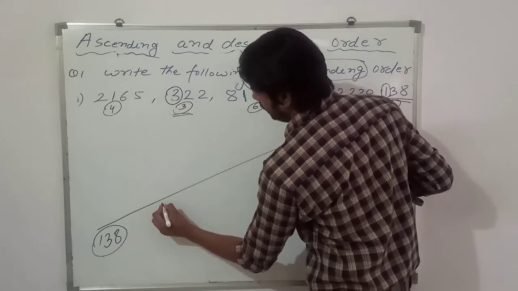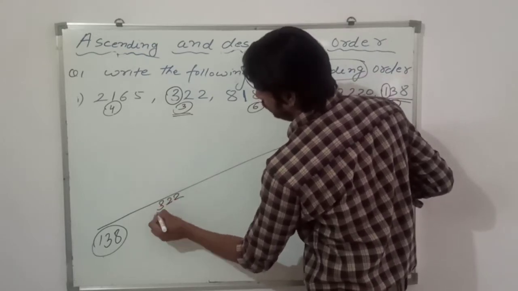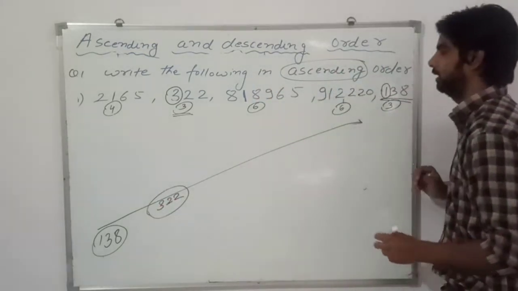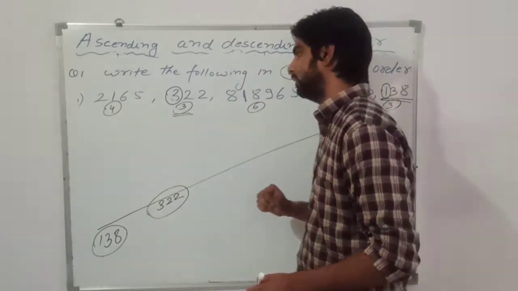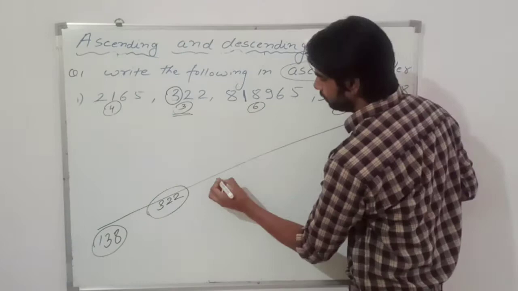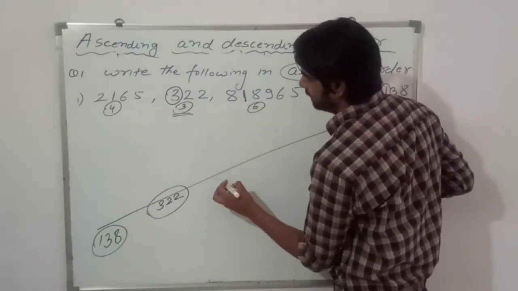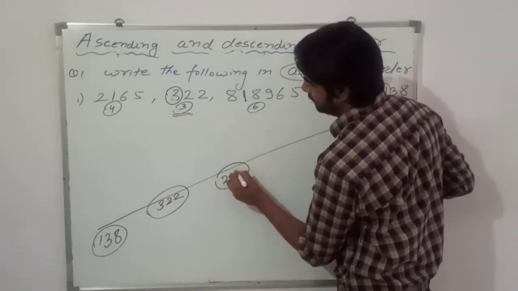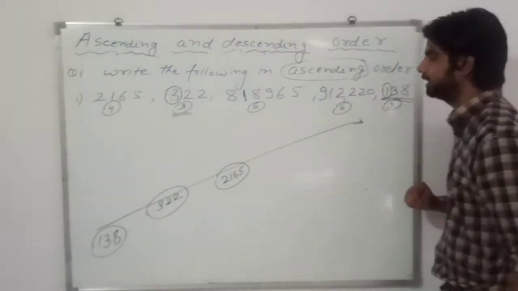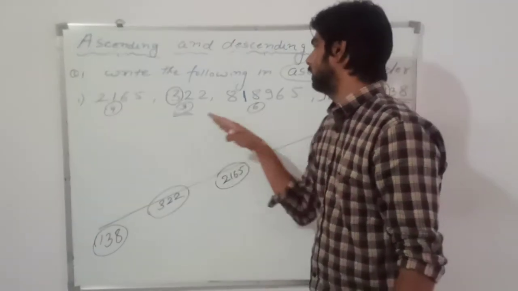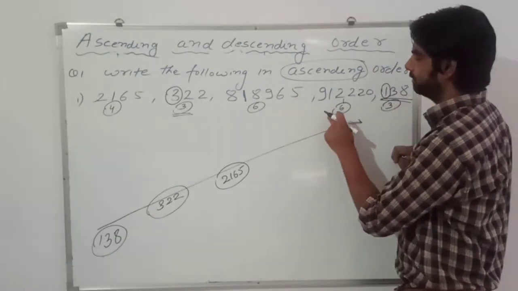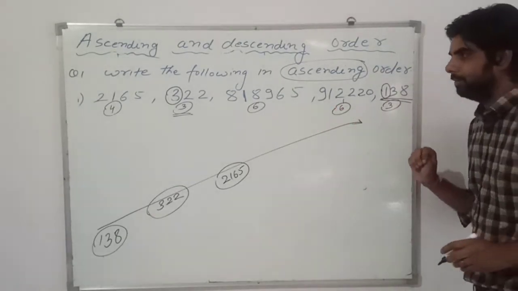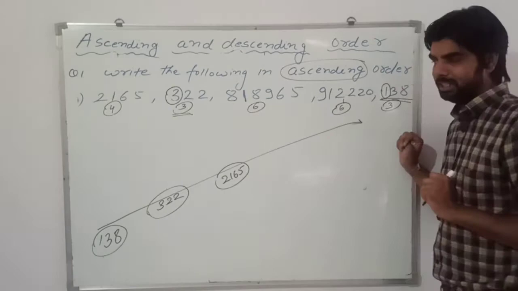Next number is obviously of 3 digits. It is 322. Next, after 3 digits, it is of 4 digits. So the next biggest number is 2165. Next, after that, these two numbers both have 6 digits, which means we cannot compare them by digits.